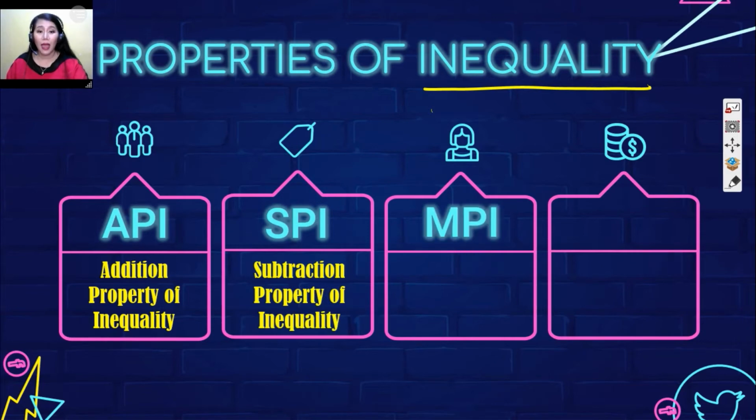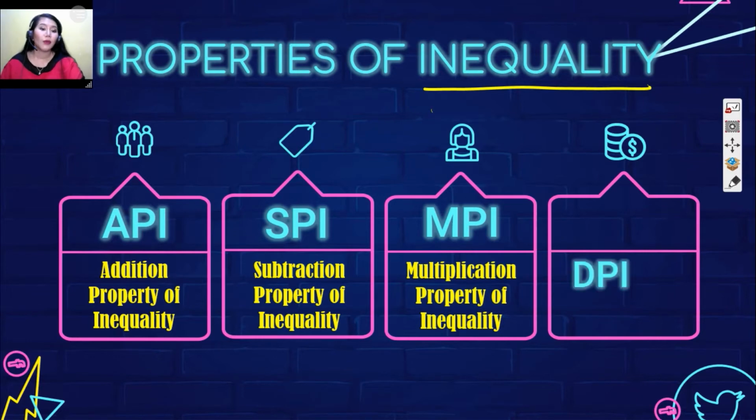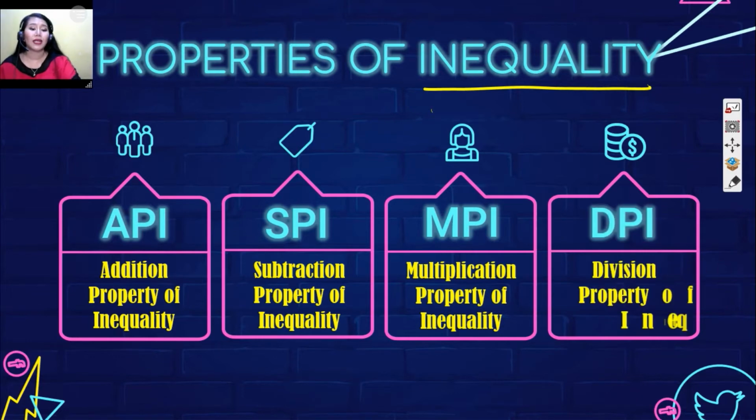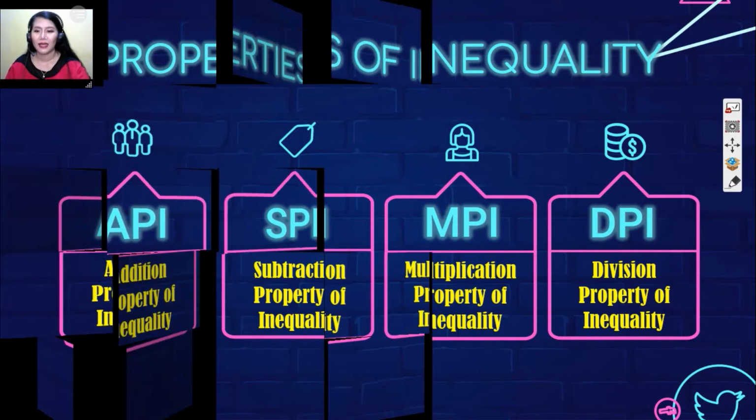We are going to have MPI or multiplication property of inequality. And we have the DPI or the division property of inequality. So, kung ano yung ginawa natin process dun sa solving equation in one variable sa previous video natin, the same goes for inequality. Ganun lang, okay? Kung paano yung process, that is just the same, okay?